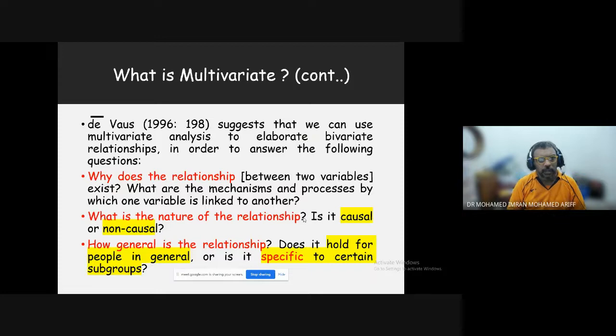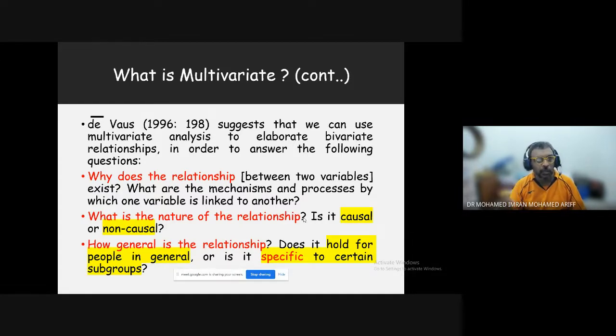So suggest that we can use multivariate analysis to elaborate bivariate relationship in order to answer the following question. What is the relationship between 2 variables that exist? What are the mechanisms and process by which one variable is linked to another? How is cholesterol and weight linked to each other?